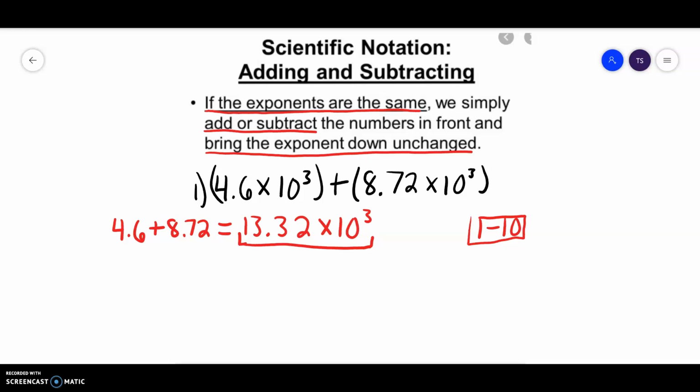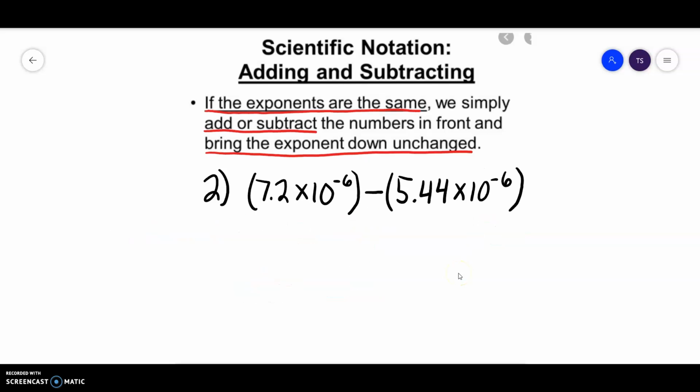So we have to move our decimal point to the left by 1. And now we have 1.332 times 10 to the, if we went smaller on one side, we're going to go bigger on the other side. So now it's 10 to the fourth. And this is our final answer after we are done.